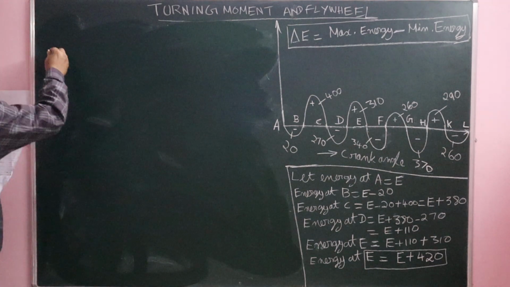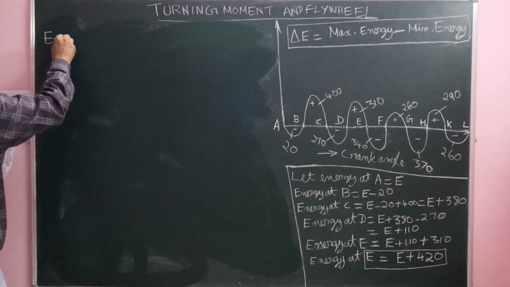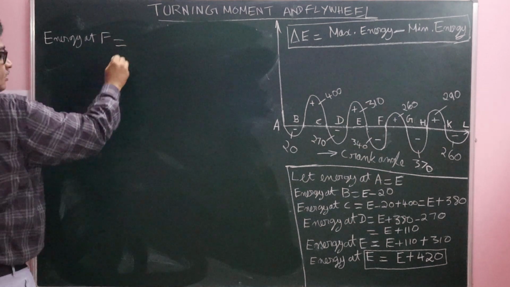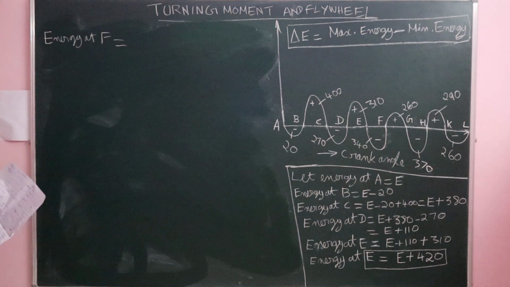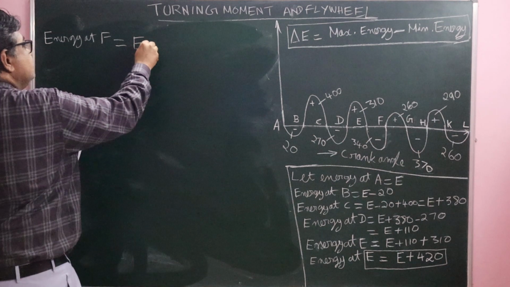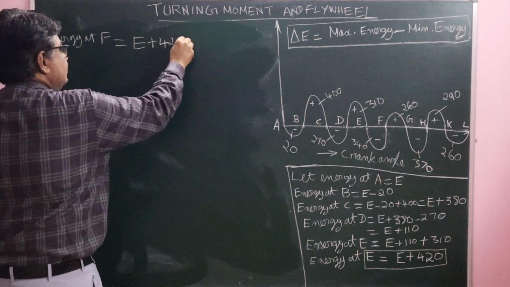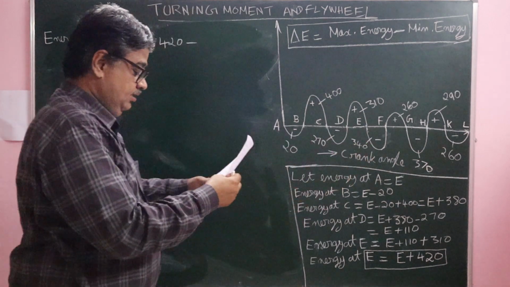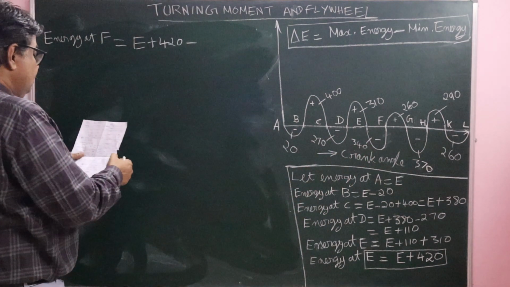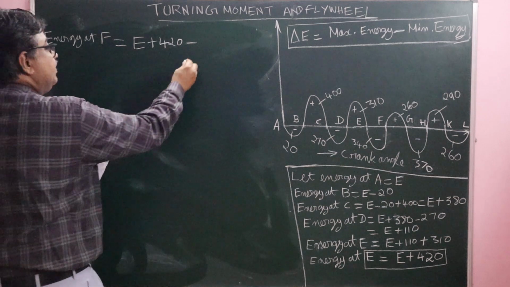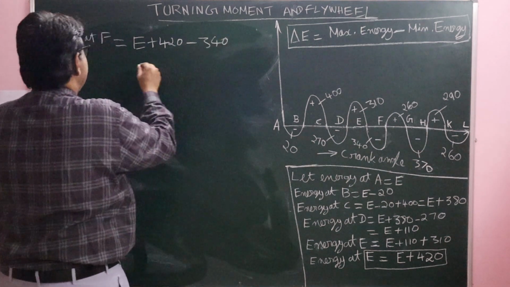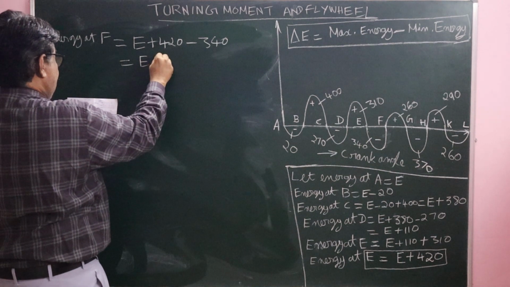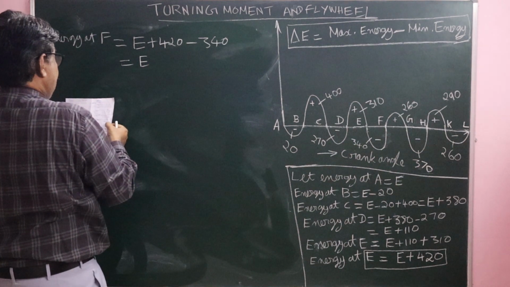Then energy at F is equal to E plus 420 minus 340, therefore this is equal to E plus 80.